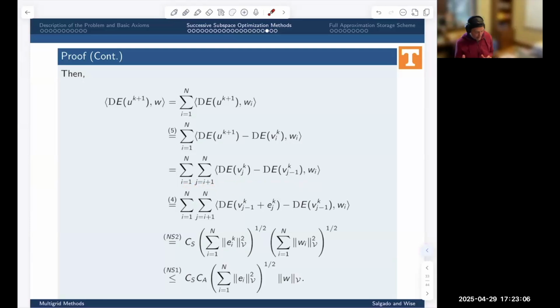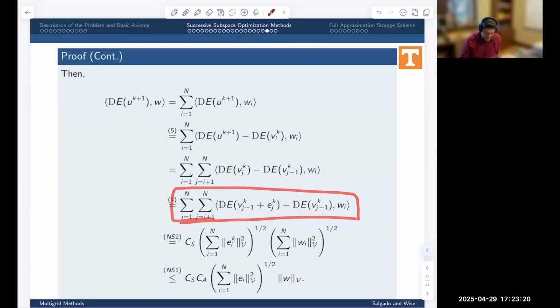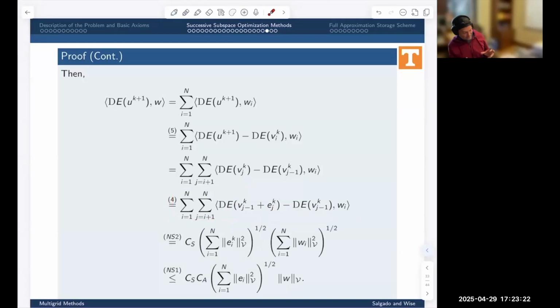All right, now, let's see. So now I use 4. What was 4? Oh, that's just the definition of this term. That stays the same. Now this sum is exactly of the type that I want to apply my strength in Cauchy-Schwarz inequality to.